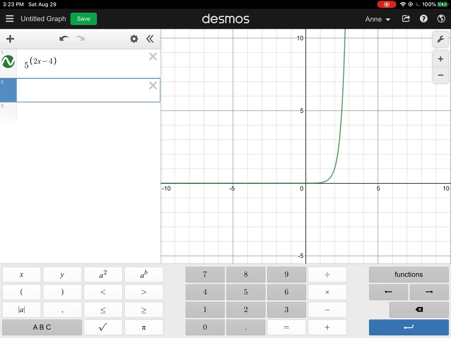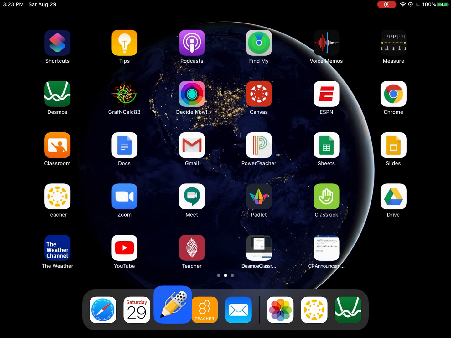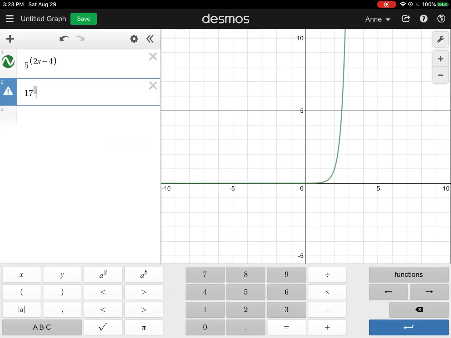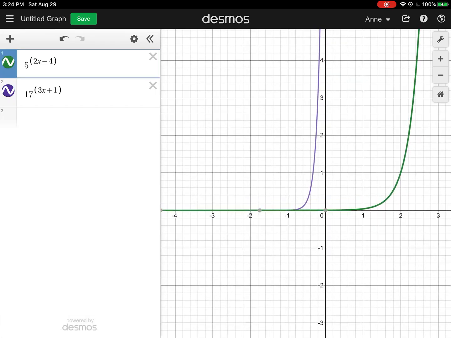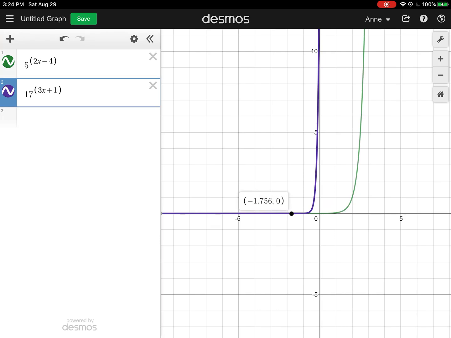And I want that to equal, and then I'm going to graph the second one, 17 raised to the 3x plus 1. So again, parentheses for that exponent, 3x plus 1. And my solution is going to be where those two intersect each other. And notice Desmos was giving that point where they would intersect each other. And so my solution is negative 1.756.